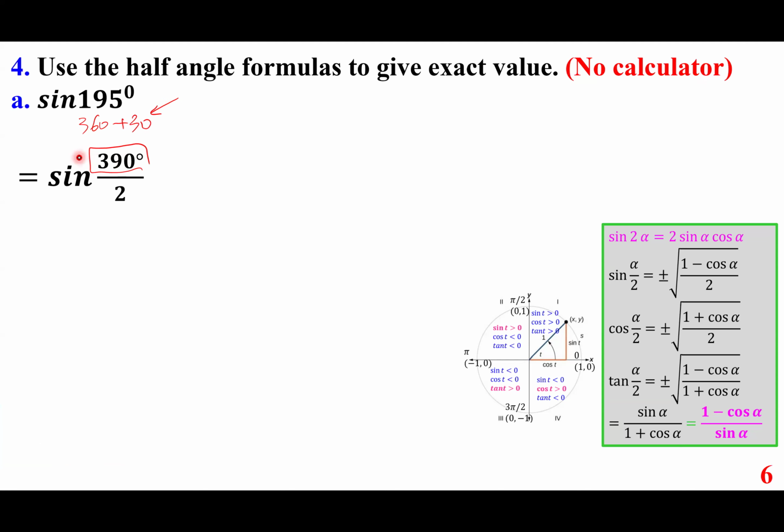That's why. And now we are going to use the formula for sine of alpha over 2, plus or minus the square root of 1 minus cosine alpha divided by 2. So plus or minus the square root of 1 minus cosine of alpha, where alpha is 390.